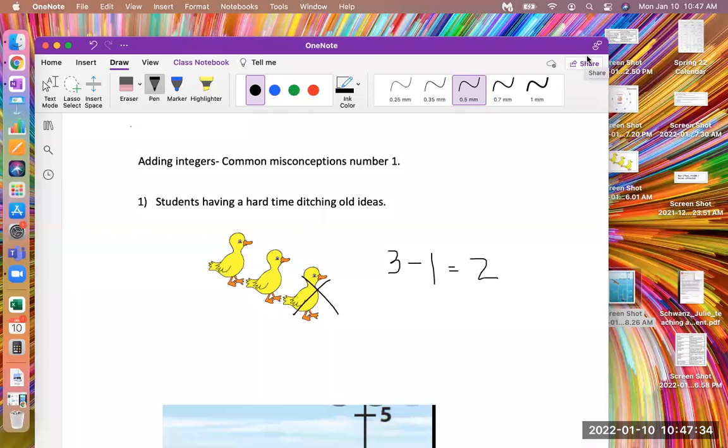The new thing that we need to accept is that subtraction really just means the opposite of addition. Let me write that out for you.